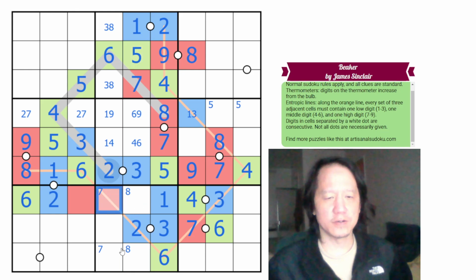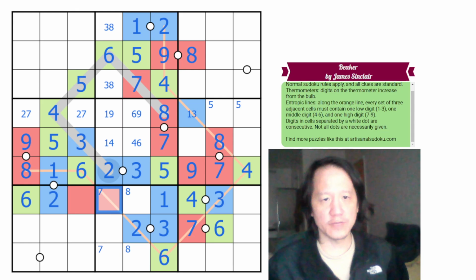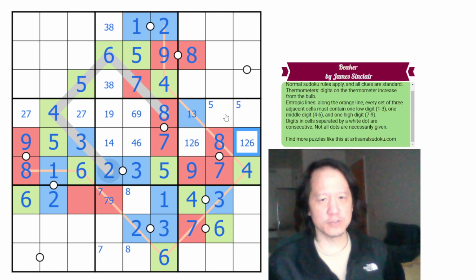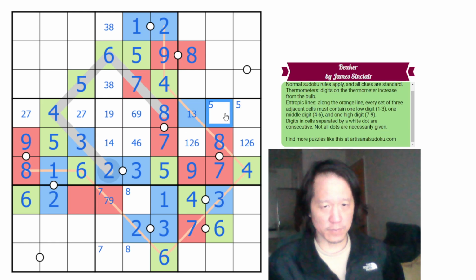What's left here? This has to be 7 or 9, because it cannot be 8. We have 1 and 6 possibly here, or 2. So it's 1, 2, 6, 1, 2, 6. This cannot be 3.